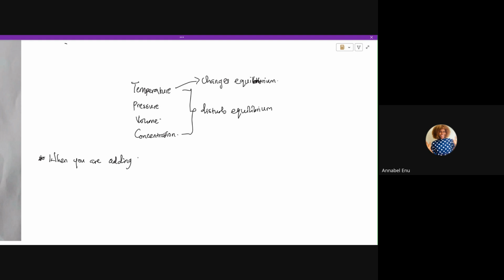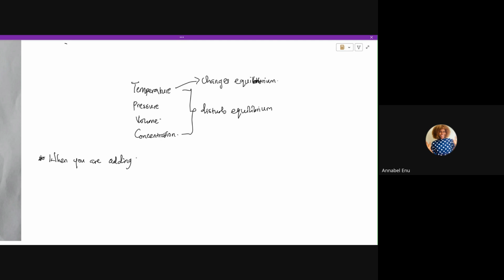In terms of temperature, when you are adding heat, equilibrium moves away from the side where the heat is. But when you are removing heat, equilibrium moves towards the side where the heat is.